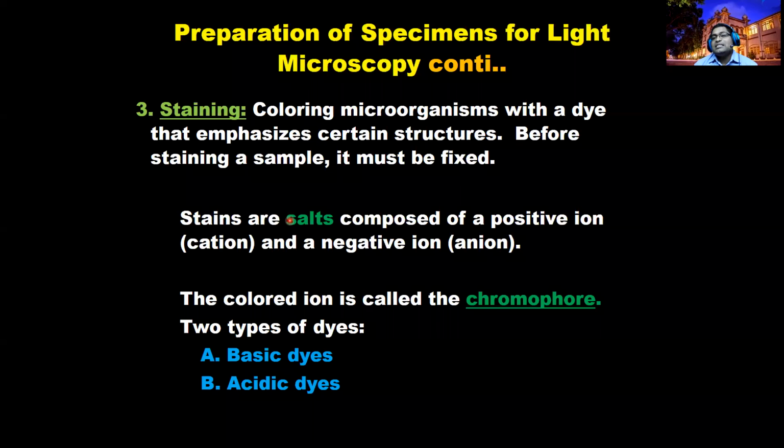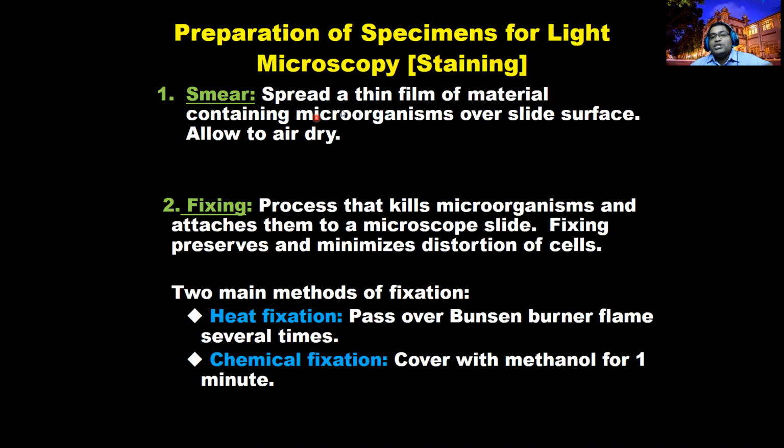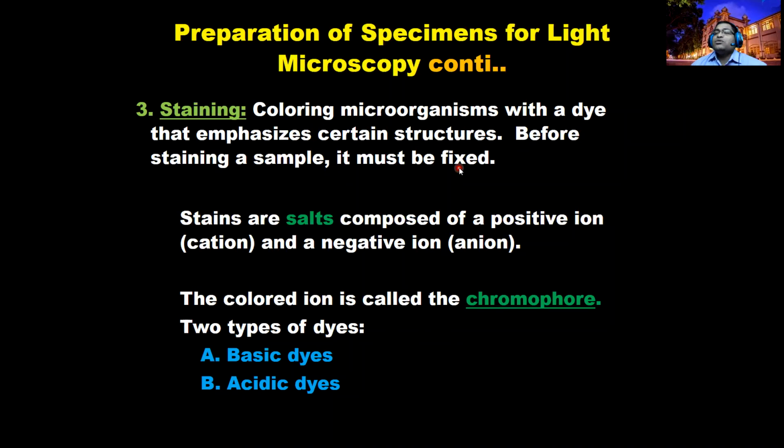Staining means coloring the microorganism with a dye that emphasizes certain structures. That's what I told you. For clear observation of certain structures of the microorganism, you should use a specific chemical to colorize that specific component or structure of the microorganisms. So before staining, the sample must be fixed. That's the procedure: first smear, then fixing, then you go for staining.